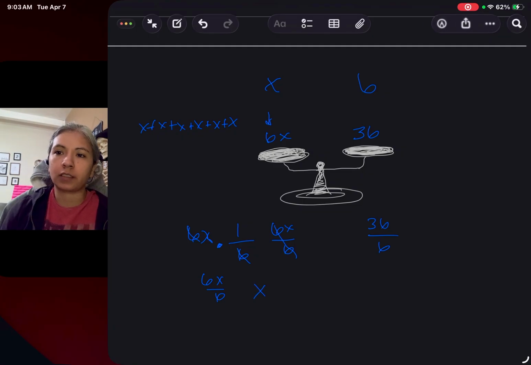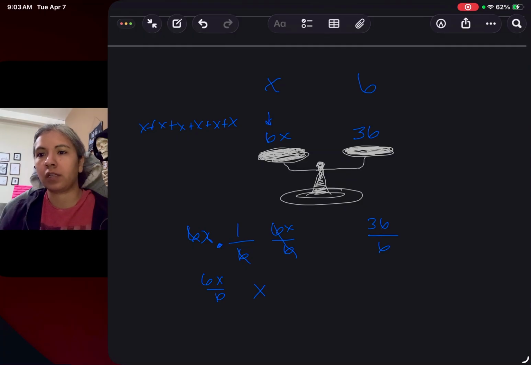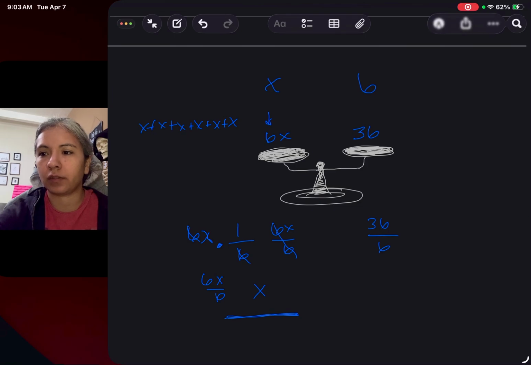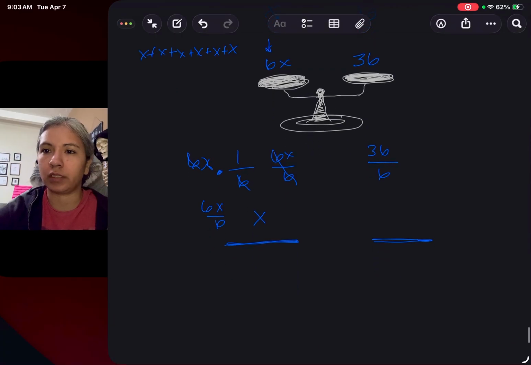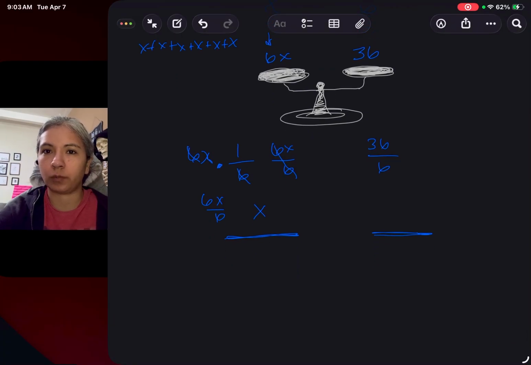So you still get x by itself. So you can either divide by the coefficient or multiply times the reciprocal. But either way, whatever you do on this side of the balance, you need to do on this side too. And your answers will be the same.